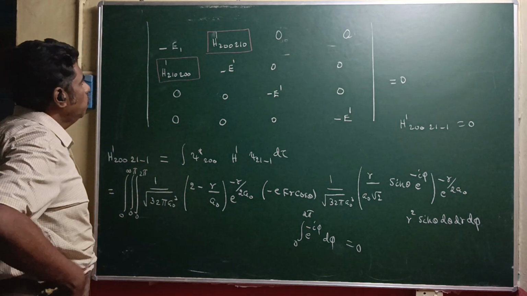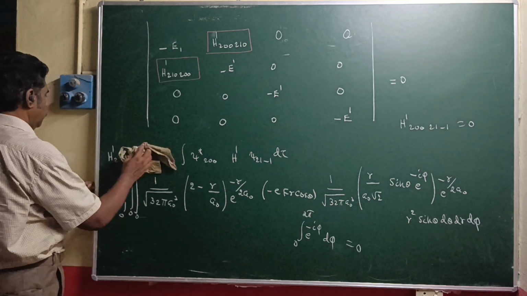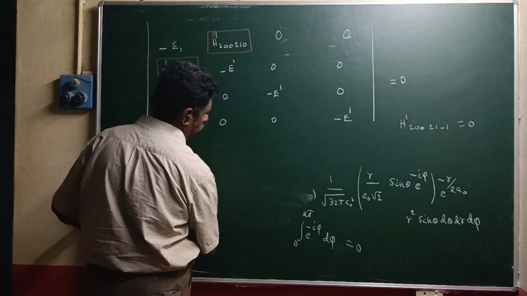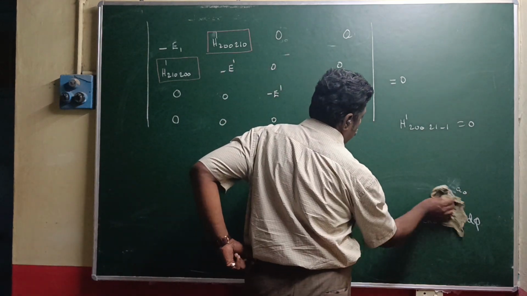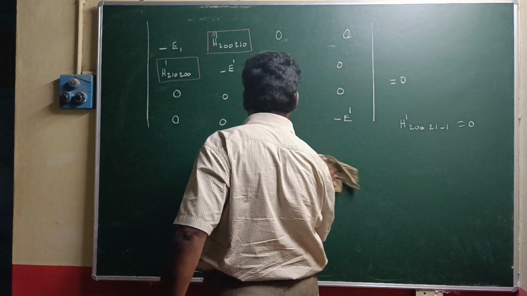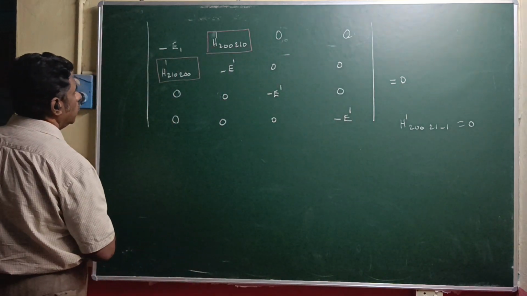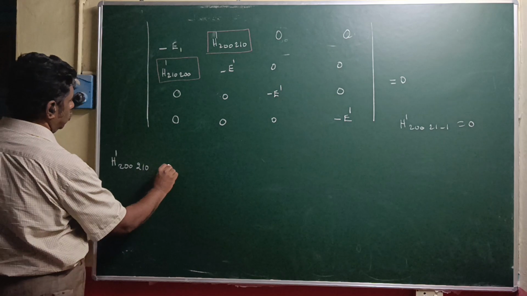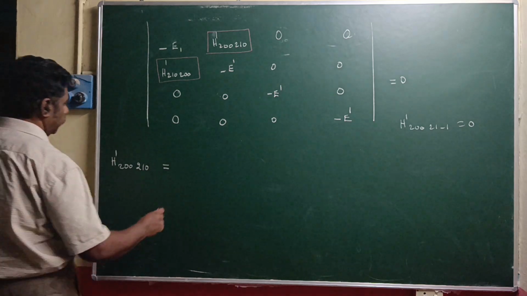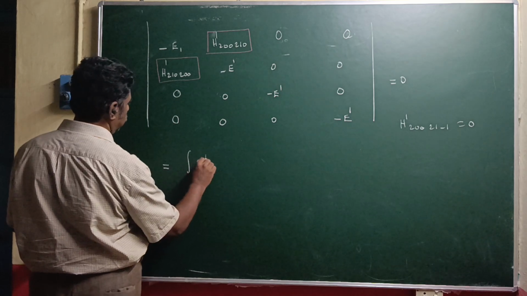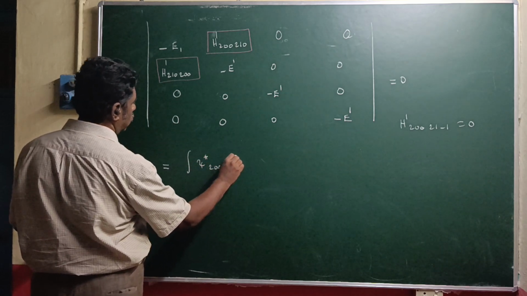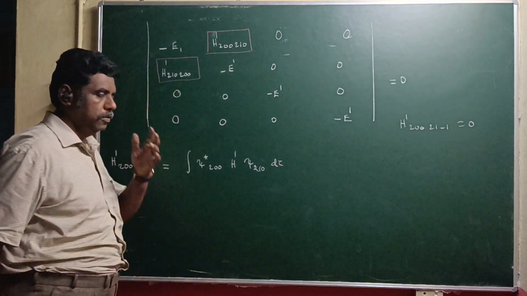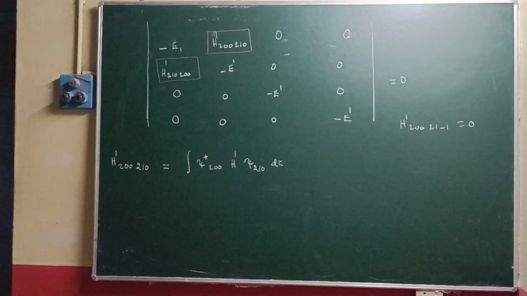Now we have to find out the value of H1 200 210. H1 200 210 is equal to psi star 200 H1 psi 210 d tau. This is the value of H1 200 210.